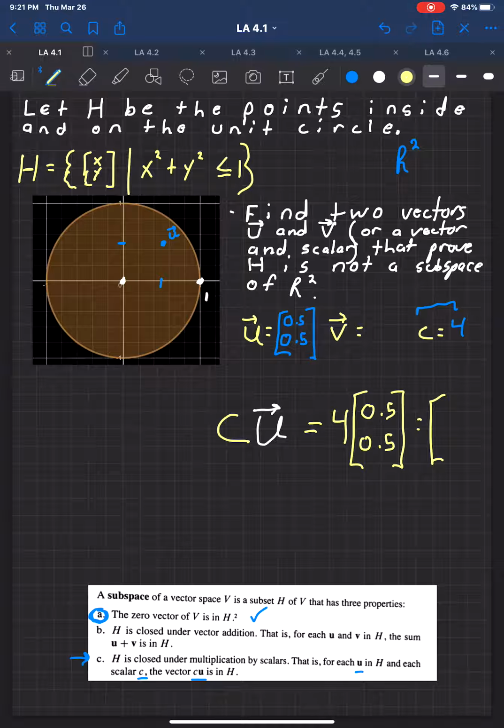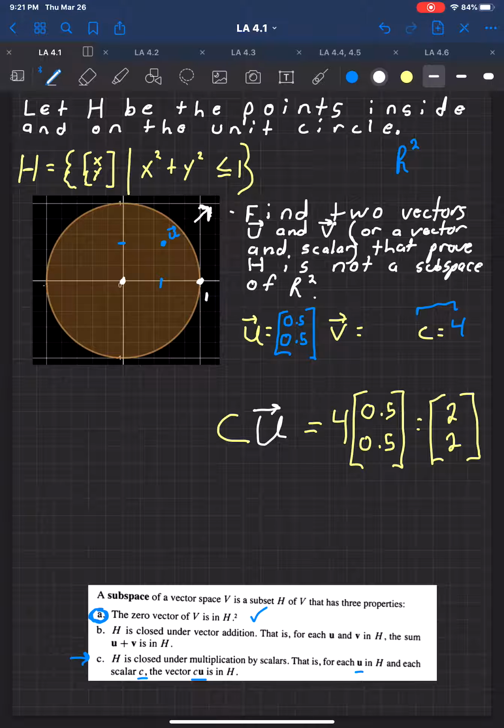The new vector is cu, and half of 4 is 2, 2. Is 2, 2 inside or on the unit circle? Well, no. I can't even graph it. It's for sure outside this circle.